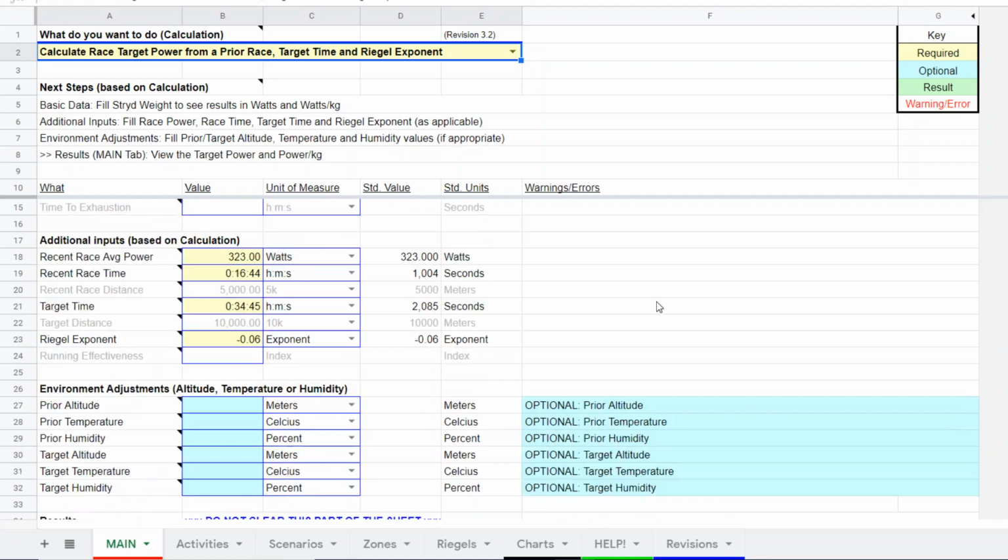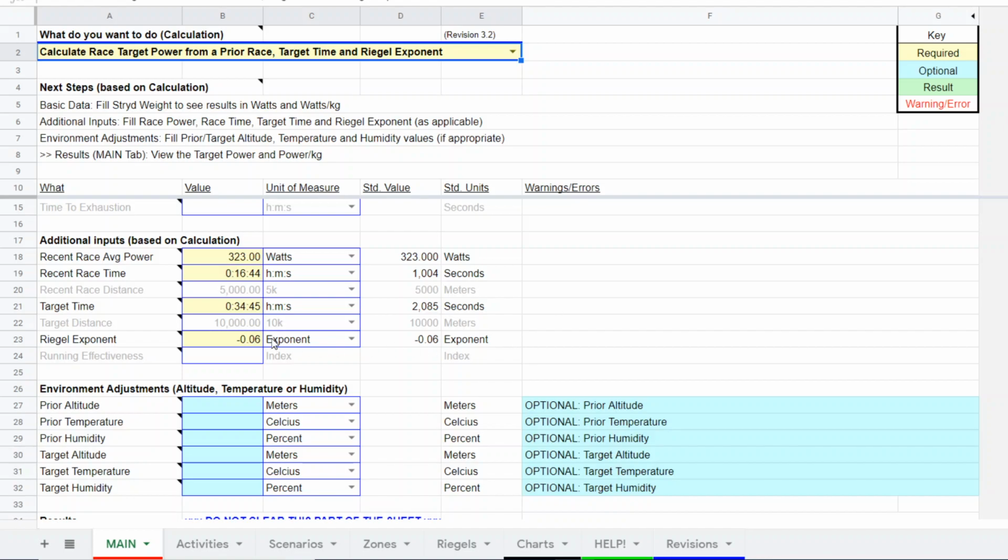Again, these are two methods where you do not have to know your running effectiveness. All you need to know is what your recent race power and duration is, or was, and either your target race distance or a ballpark estimated target time, which you can get from various conversion tables online.